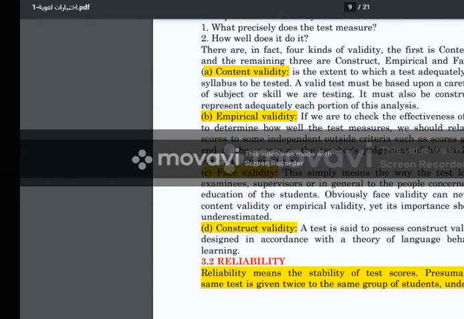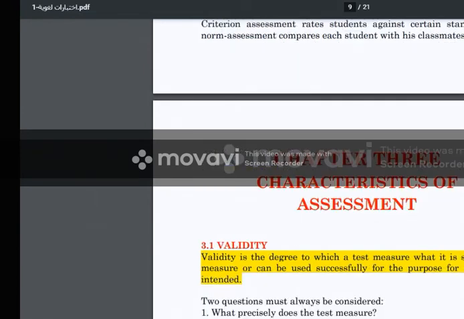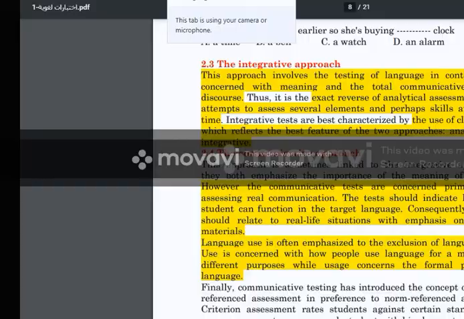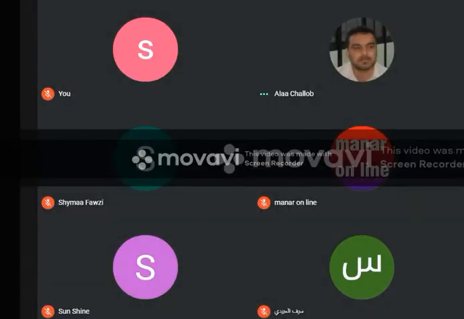So here we can provide students with a specific situation for production, not for recognition. For example, I can ask him by saying invite your friends to a specific occasion.